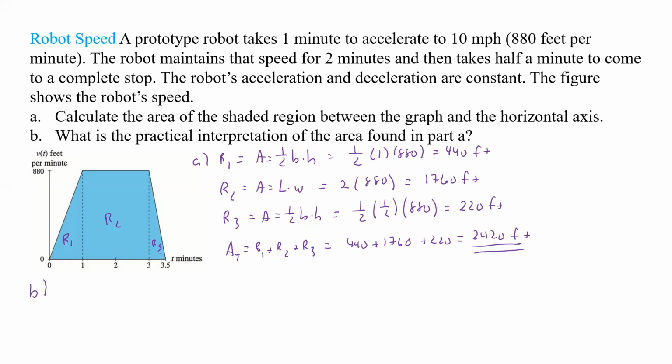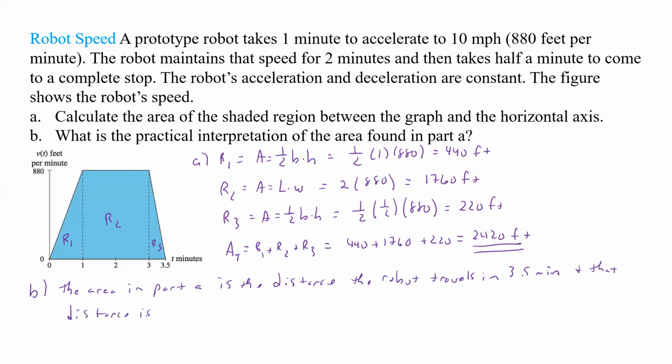So this piece is a lot bigger than this little piece. But what we can say is the area in part A is the distance the robot travels in 3.5 minutes, and that distance is 2420 feet.